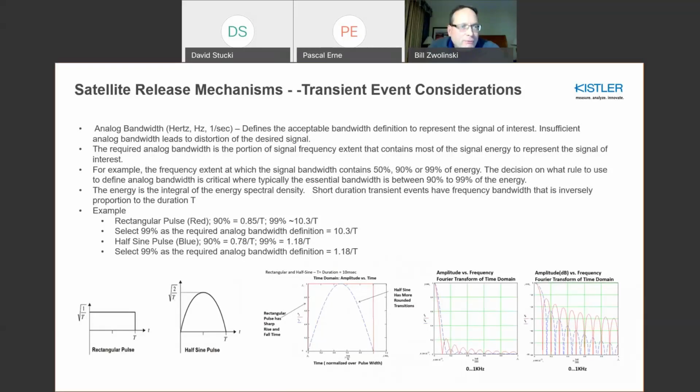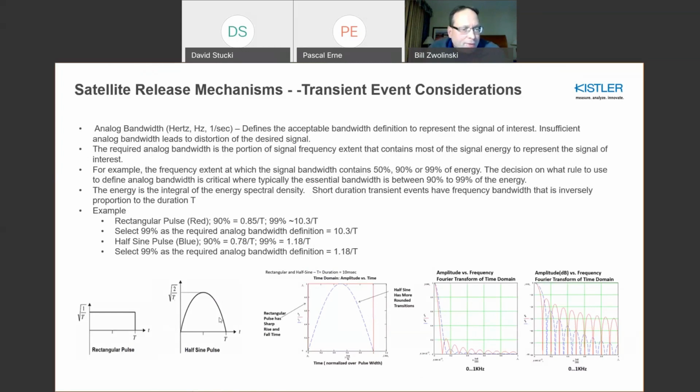I wanted to just talk briefly on satellite release mechanisms. I just wanted to point out quickly that satellite release mechanisms basically are short duration transient events, and because of that, there's a much different type of requirement there. You have to look at the frequency range, which is usually inversely proportional to the duration of the event.